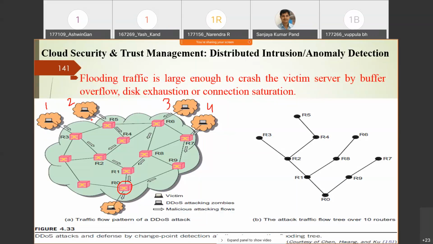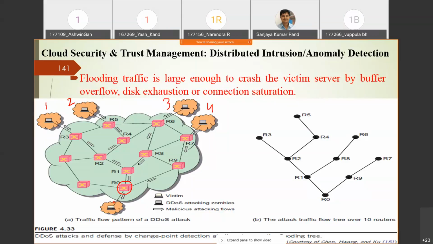So this is the basic principle of DDoS attacks. To avoid this, we have to find who is flooding the packets at a higher rate, so that you can block them, right? And you see the flooding traffic is very large, large enough to overwhelm the victim server. Because if you are able to handle 100 requests, but more than 100 requests reach you, then it is very difficult to handle.